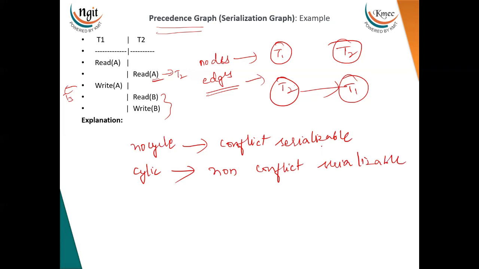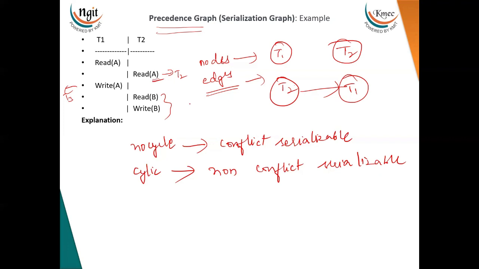What do you mean by conflict serializable? Conflict serializable means after swapping of non-conflicting operations, it can transform into a serial schedule. Clear? So that is why if there is no cycle, then we can say that it is conflict serializable.